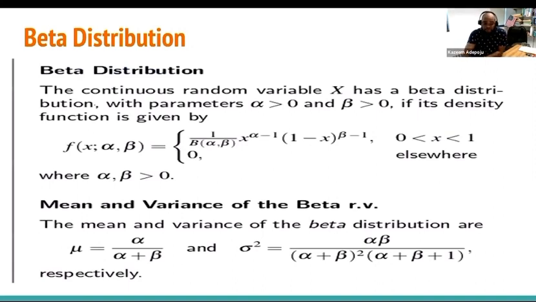This beta distribution is actually used to model proportion, something in the range of 0 to 1. If you want to talk about customer satisfaction, it is not all your customers that will be satisfied with your product or service.